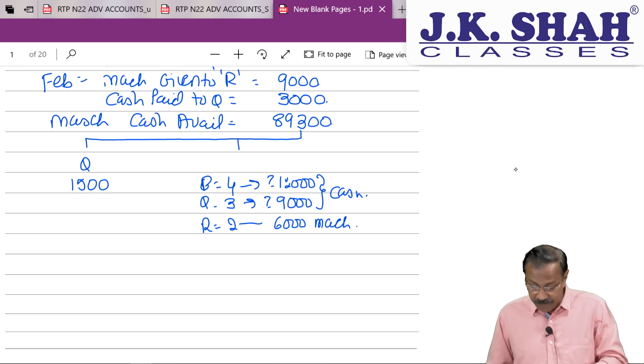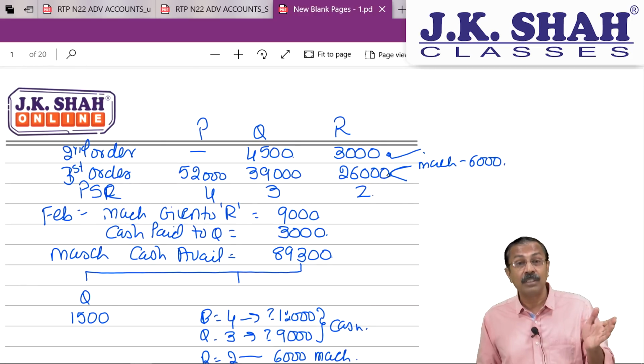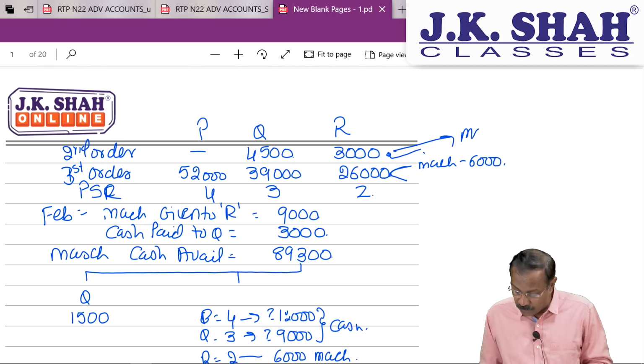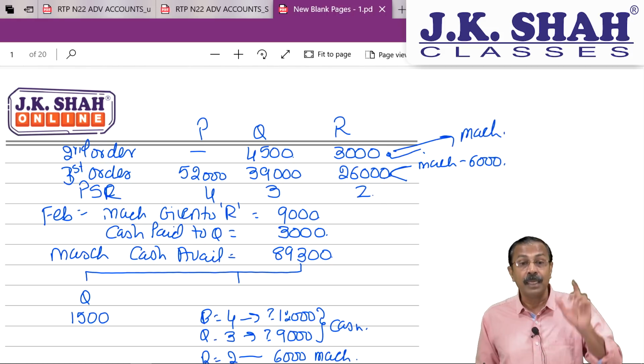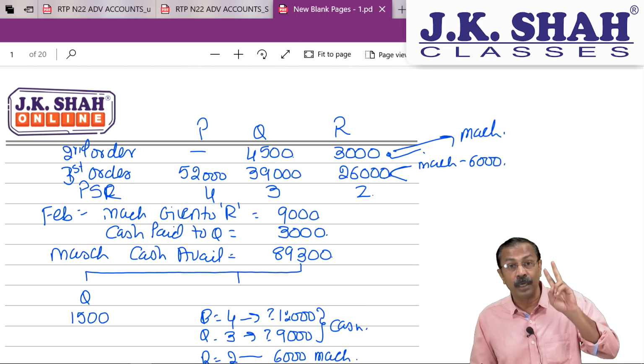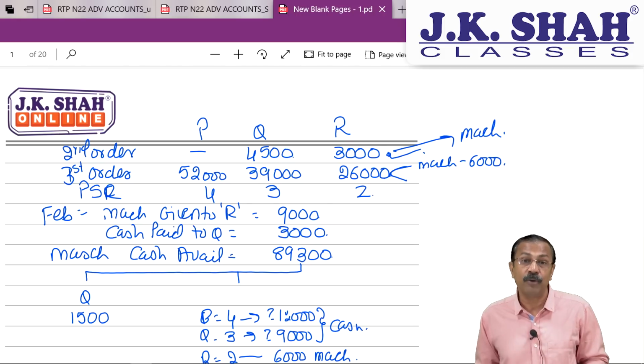We have given to Mr. R out of 26,000, 6,000 in the form of machinery. This 3,000 was in the form of machinery. 9,000 worth of machinery is given. So in the last order, out of 26,000, we have already paid him 6,000 rupees, remember. But in the form of machinery.